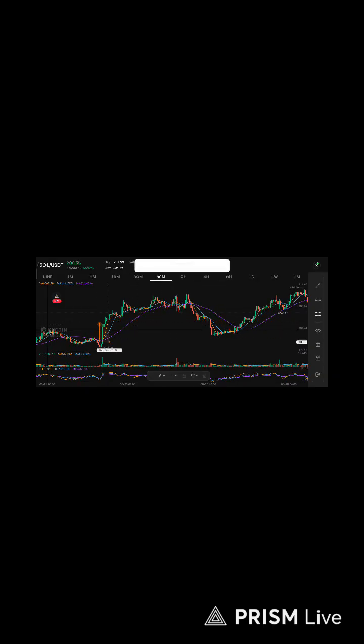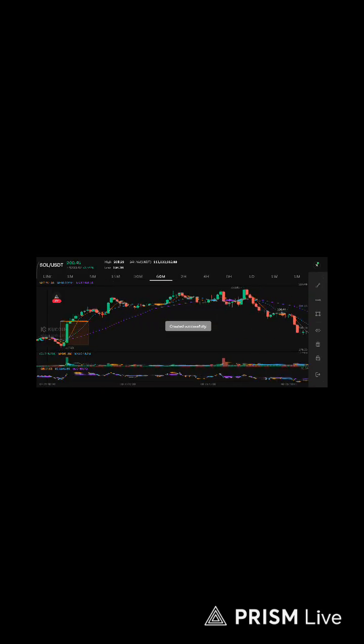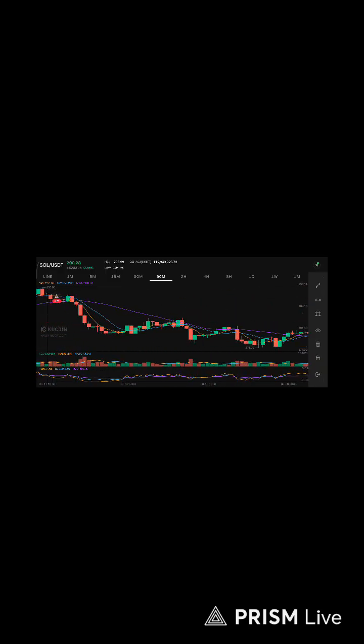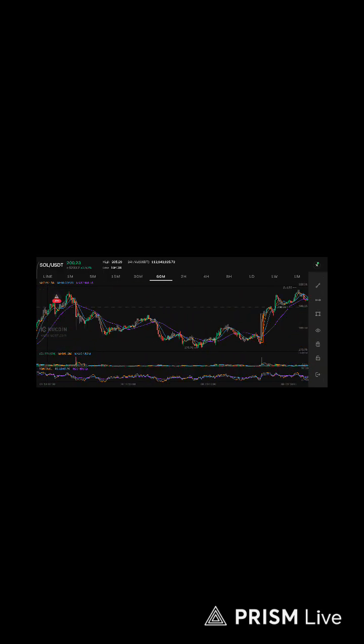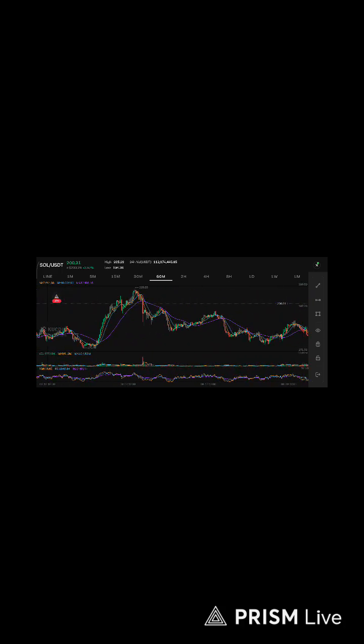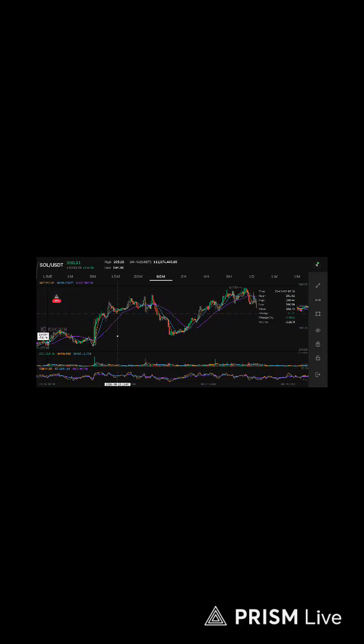Have you seen? It has a very small shadow. Let's zoom in. It has a very small shadow. A very small candle. And guess what happened?